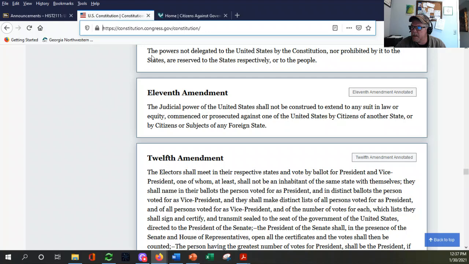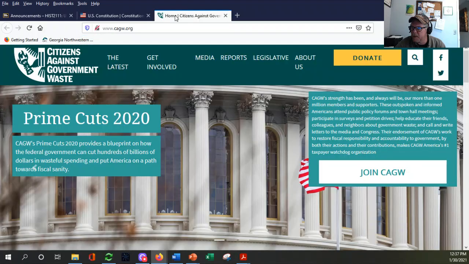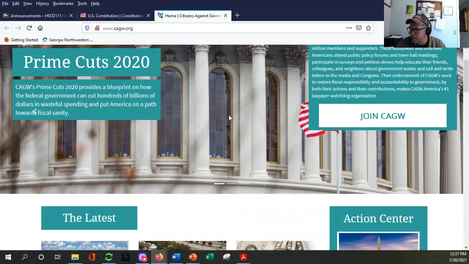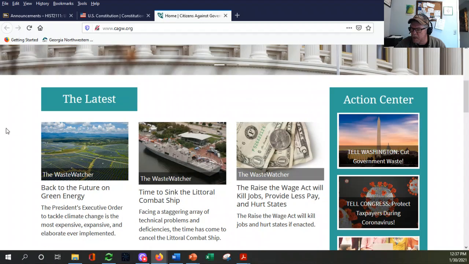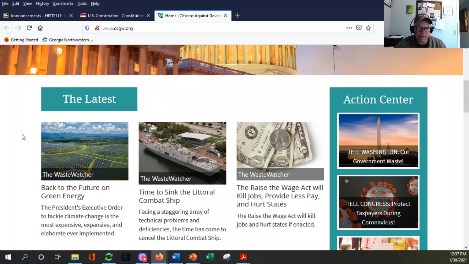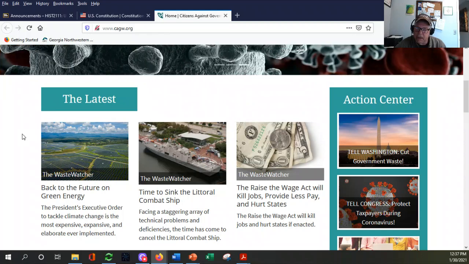And then the last one, I'll just show you what it looks like. Again, there's a link to the Citizens Against Government Waste that has to do with legislation where congressmen and congresswomen stick in pieces to a bill like the Defense Authorization Act that says here's how we're going to pay the military, and that always passes.